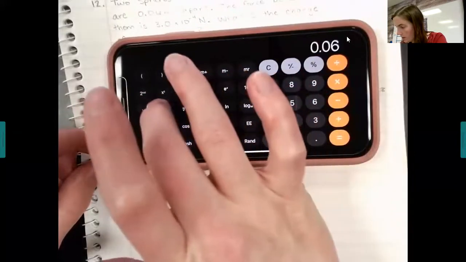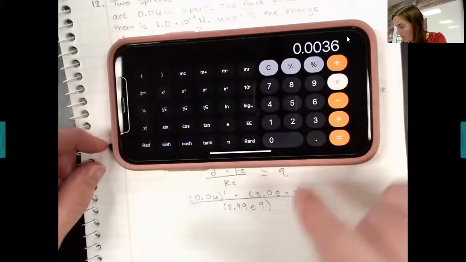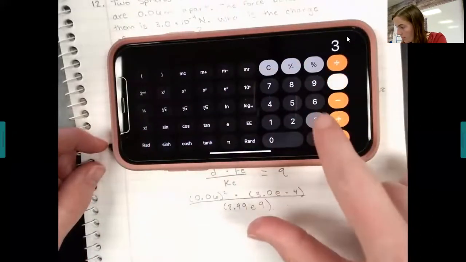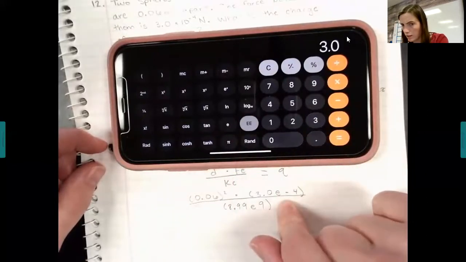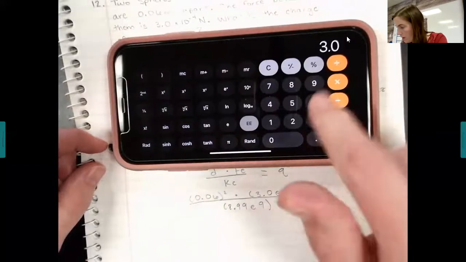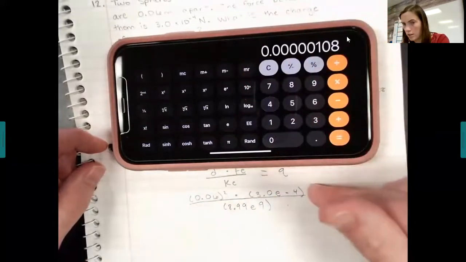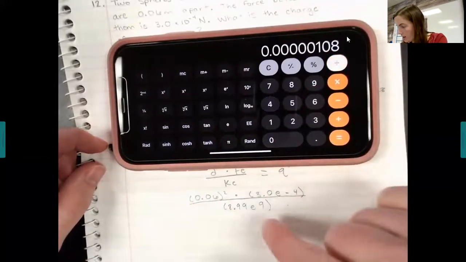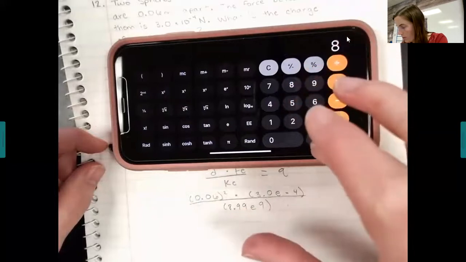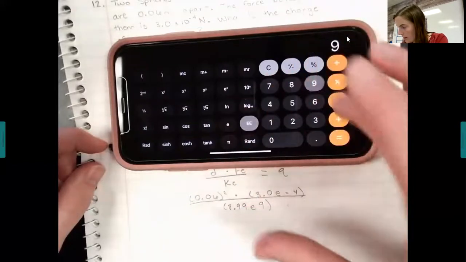All right, so 0.06 squared, and then we're going to multiply that by 3.0. I'm going to say EE, where I wrote the E, and then negative 4. So this is the top number right here. And we're going to divide that by the Coulomb's constant, 8.99 E9.